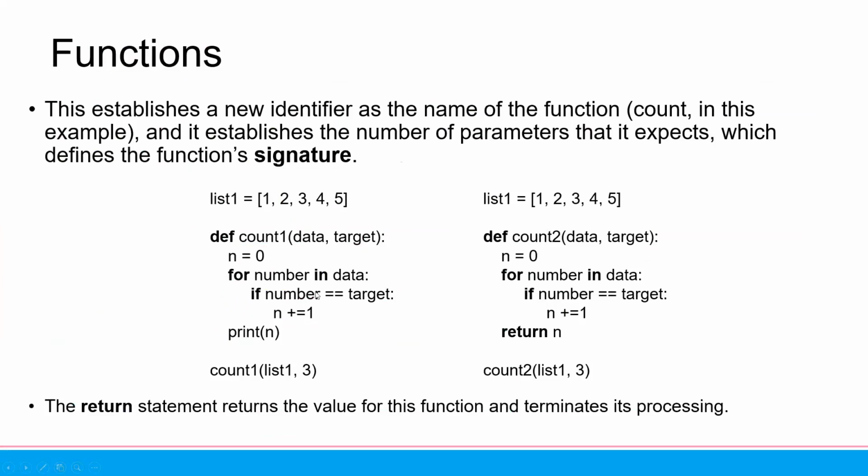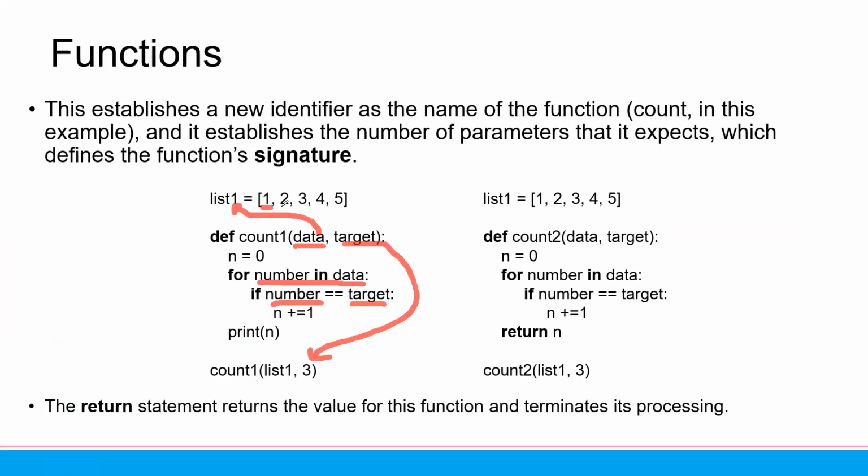Because list1 contains 1, 2, 3, 4, 5. And then I would like to check if the number, which is the element in the data list, equals the target, here 3. So let's check. 1 equals 3?